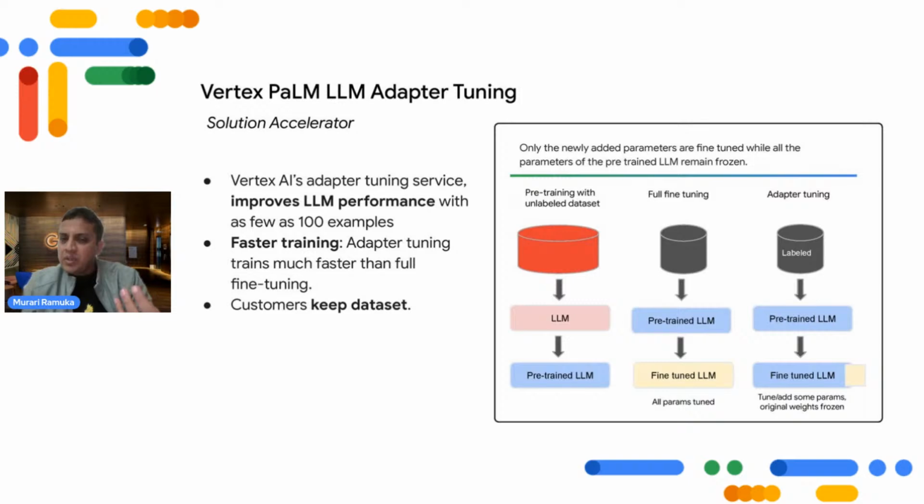On top of that, you had a very specific data set, and you use that data set to create a fine-tuned model on top of the pre-trained LLM. And finally, for the inferences you are going to generate, it is adapter tuning, where you use the labeled data set and the pre-trained model, and add some parameters, original weights, etc., in order to generate the inferences from the adapter layer.